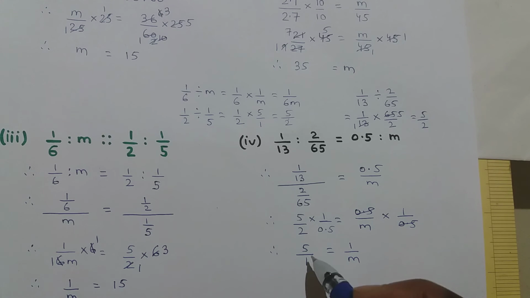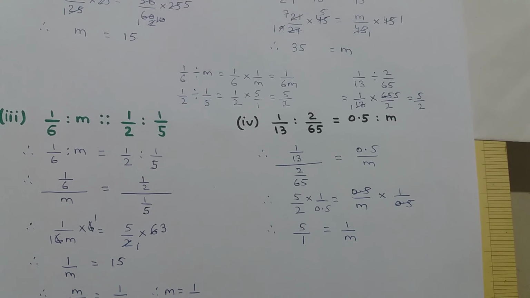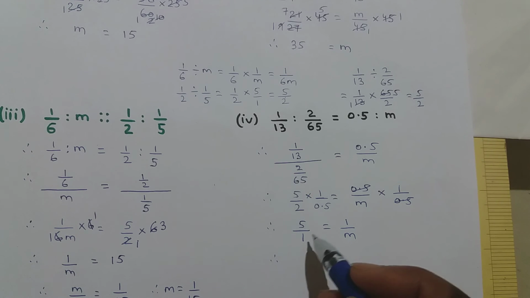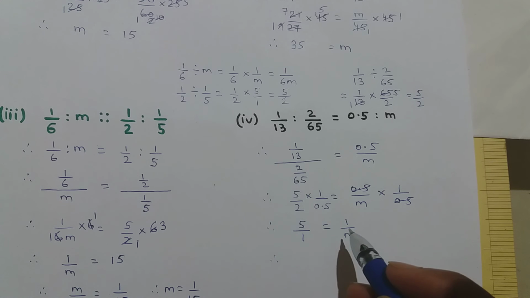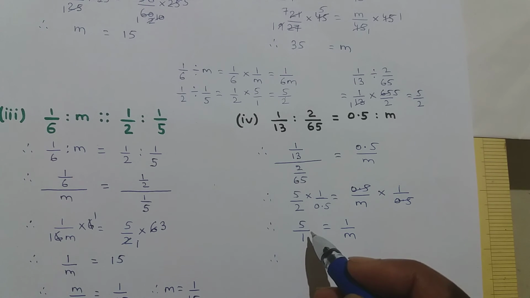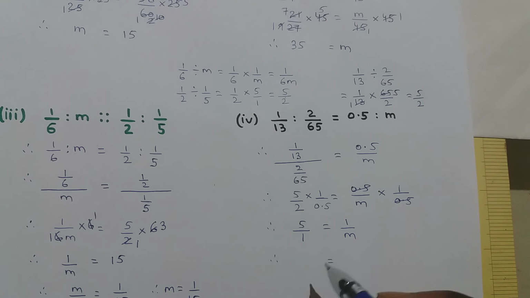So it is 5 upon 1 is equal to 1 upon m. And from here I can find what is m. In order to do that, I will take the reciprocal of the left hand side and the right hand side of the equation. When I take the reciprocal of the left hand side of the equation, it will become 1 upon 5.